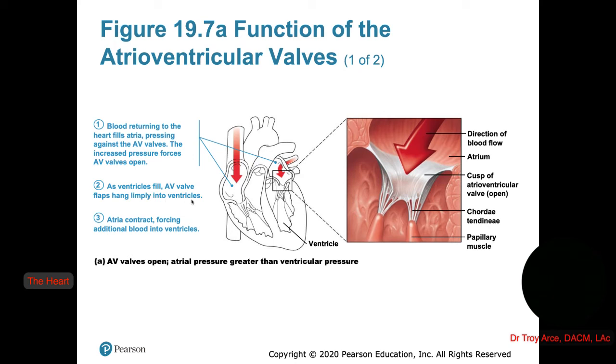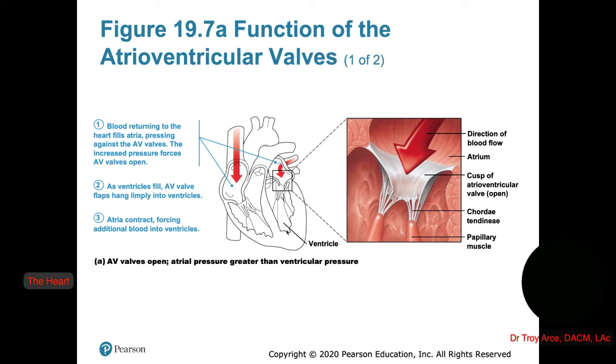The direction of blood flow and that force allows those ventricles to fill, and the atria contract, forcing additional blood into the ventricles. That way, the ventricles get filled with blood on both sides.